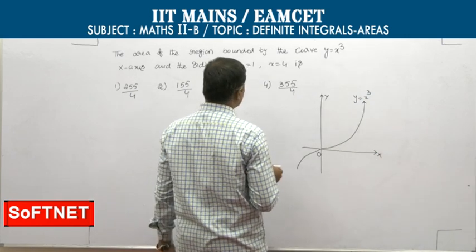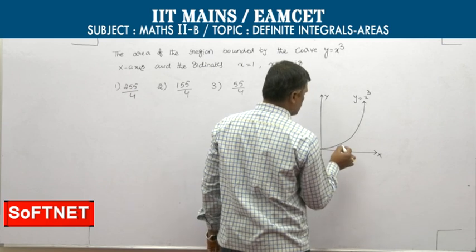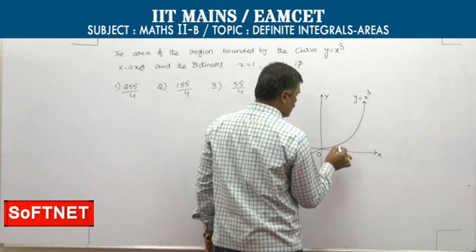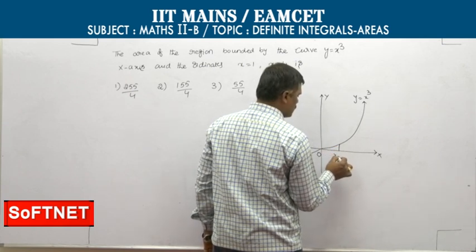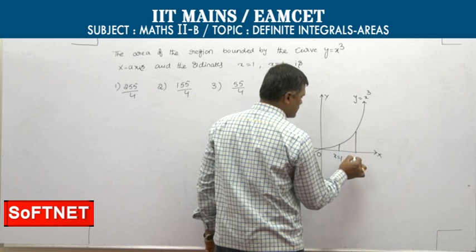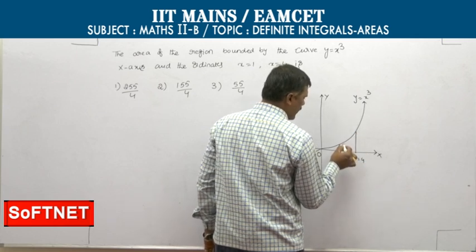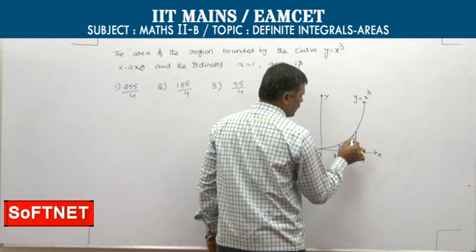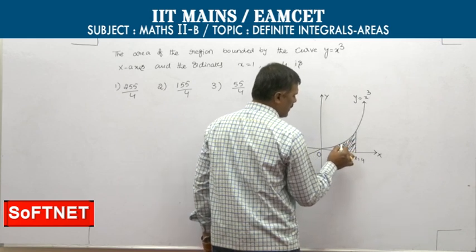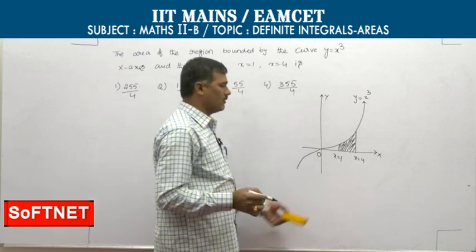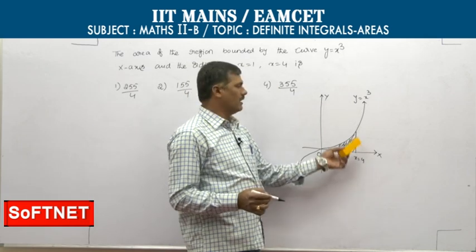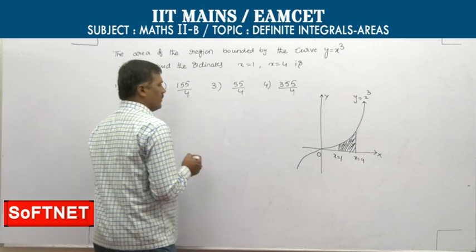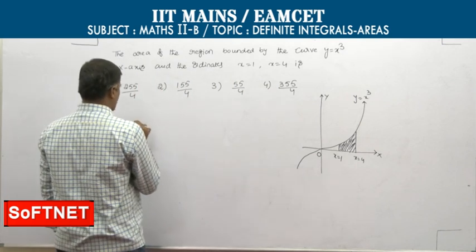And the ordinates x is equal to 1 and x is equal to 4. To find the area of this region, x is equal to 1 is x equal to a, and x is equal to 4 is x equal to b.